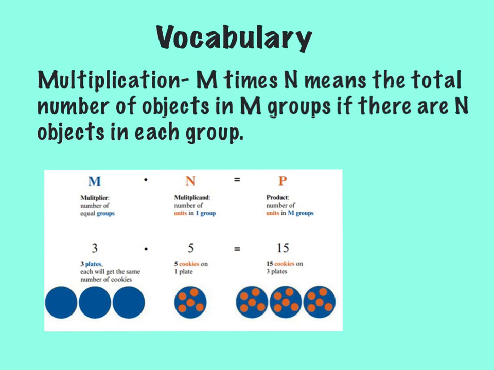For example, if we have 3 plates times 5 cookies on one plate, we will get 15 cookies on 3 plates.